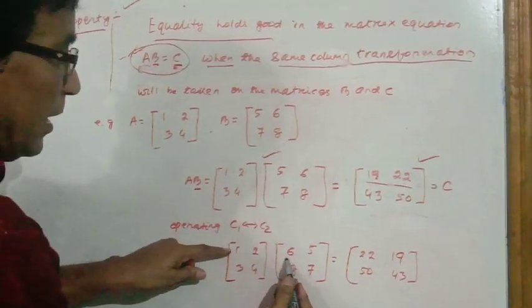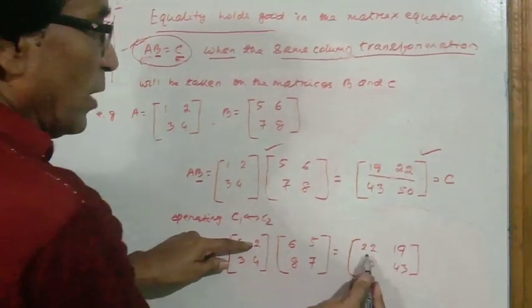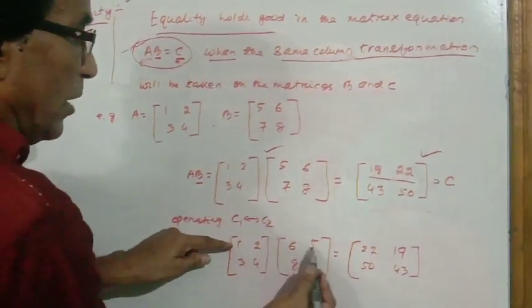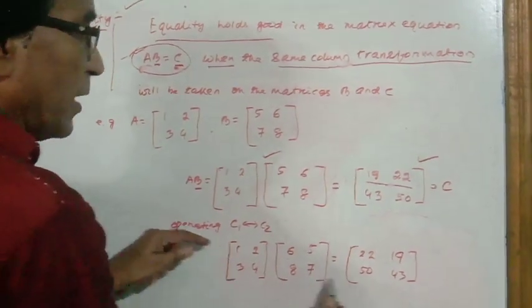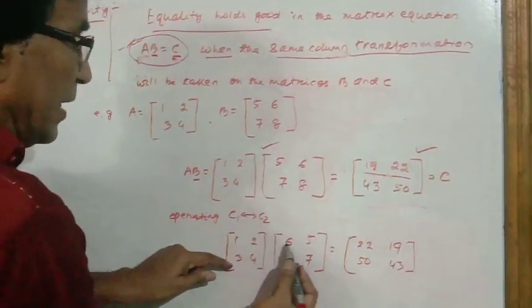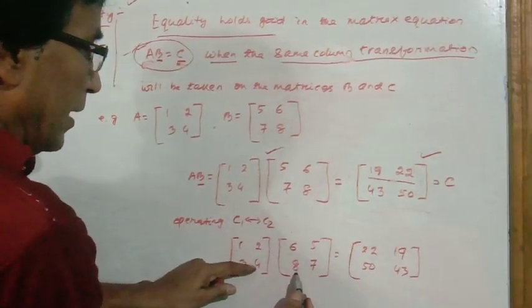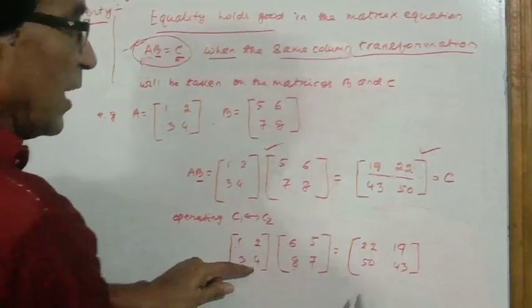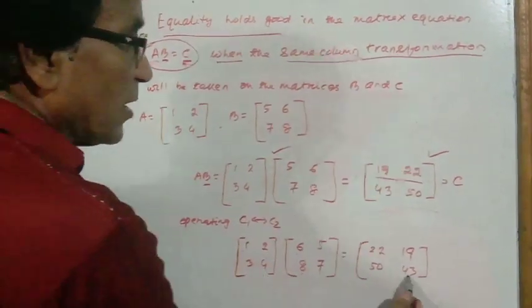So for that, 1 into 6 plus 16, that is equal to 22. Again 1 into 5 plus 2 into 7, that means 5 plus 14, that is 19. Again 3 into 6, 18 plus 32, that is 50. Similarly 3 into 5, 15 plus 28, that is 43.